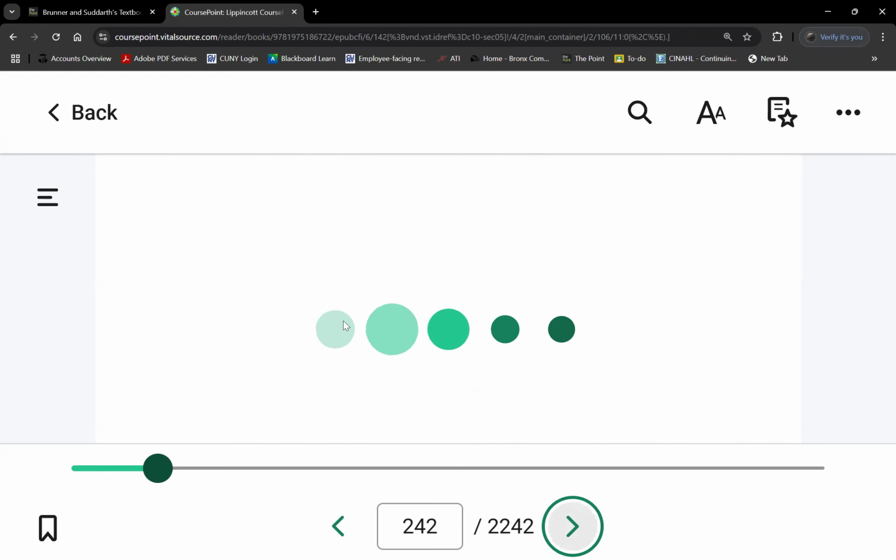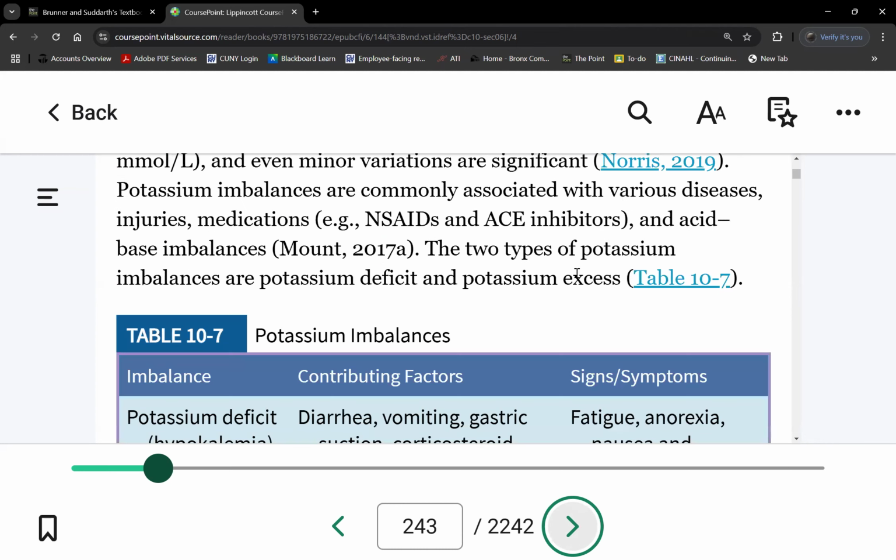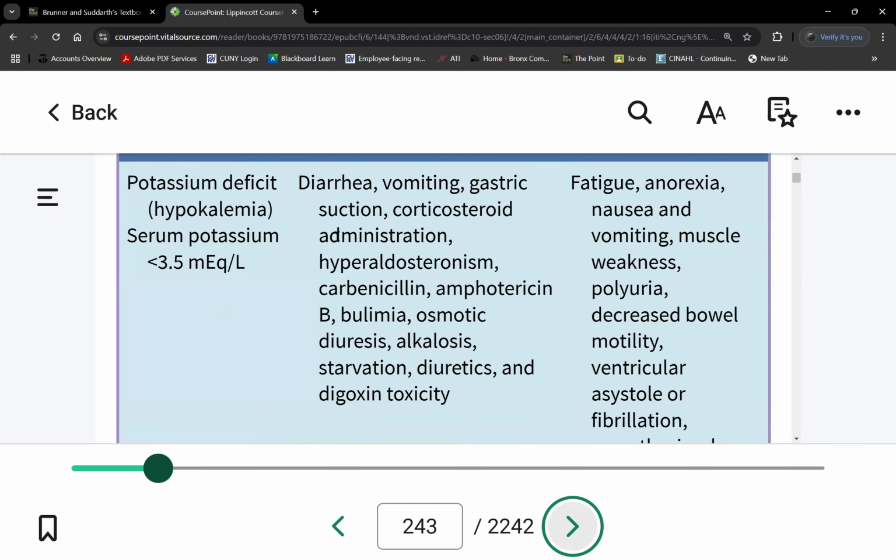All right, let's go to potassium problems now. So same pattern, we have low or high. Let's start with low. Unlike sodium, which is the major electrolyte outside the cell, this one is the major one inside. Okay, so the manifestations here are directly proportional.